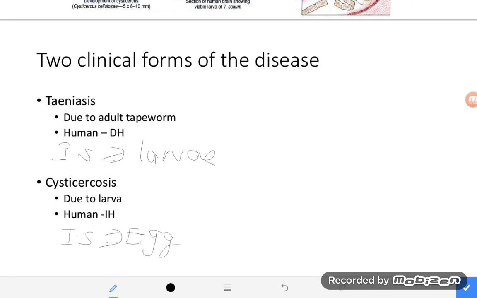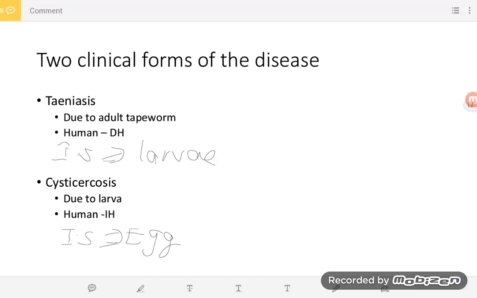Remember this. So what happens after ingestion, or when we accidentally take the egg, this egg becomes a larva. So here human acts as an intermediate host. The disease condition we call cysticercosis.